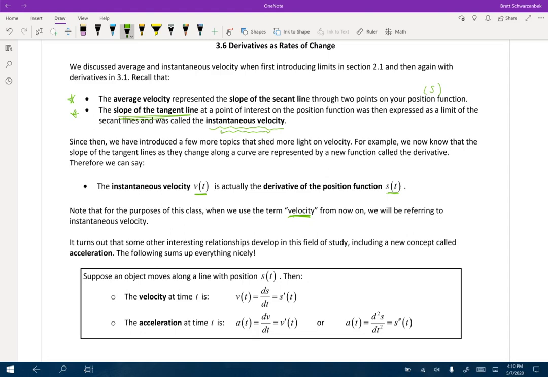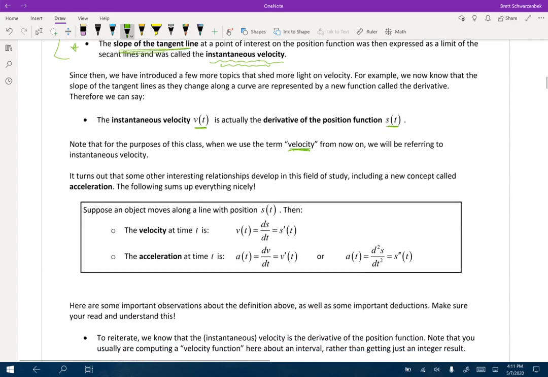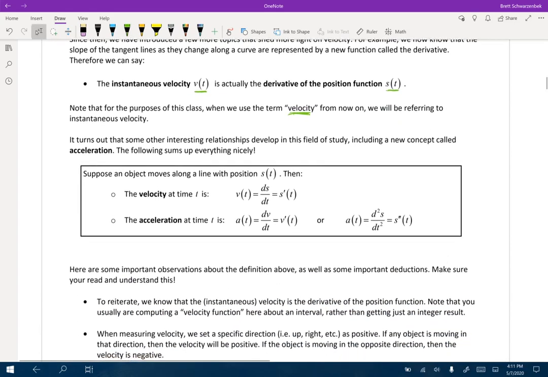Now note, when we did this in 2.1, you didn't know what a derivative was. So in order to find all these things, we were using tables and limit definitions. Now we have a much clearer path to finding the instantaneous velocity, and that's using the derivative of the position function.